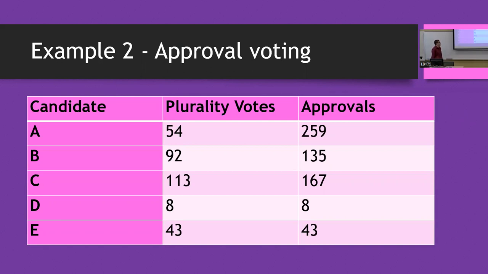A and B may form their coalition and say, hey, vote for us, vote for one of us, but don't vote for C. C is a terrible person. That kind of thing. So you still can do all that stuff, but it's a little bit minimized with approval.